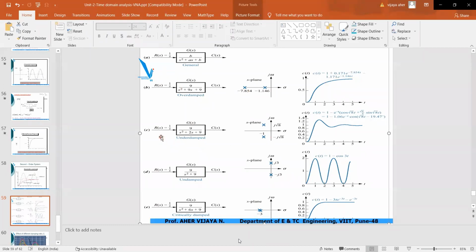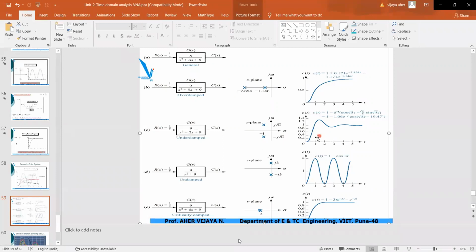Then coming to the underdamped system. R of s is unit step input. G of s is this equation. From C of s, you calculate C of t. The 2 poles are complex, imaginary poles, and are located in the left half of the S plane again.